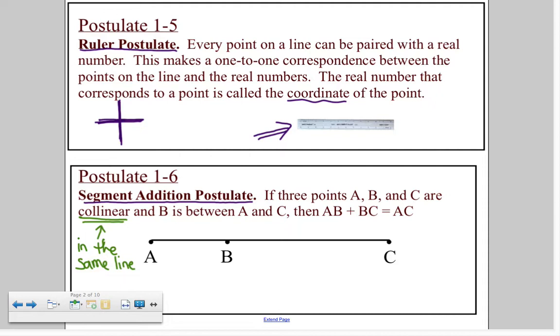So if 3 points A, B, and C are collinear, and B is between A and C, then we know that AB, this segment, plus BC, this segment, will equal AC, the entire segment. Pause the movie now and add these two postulates to your purple page. It's on the back of your purple page.